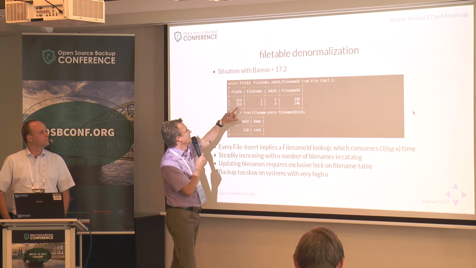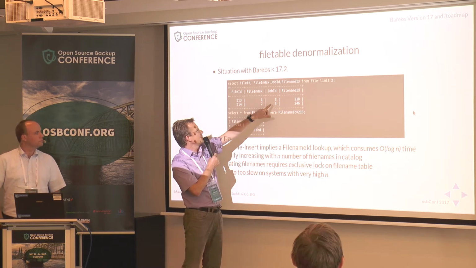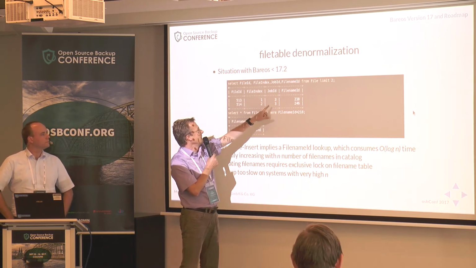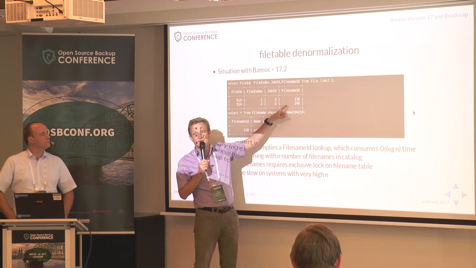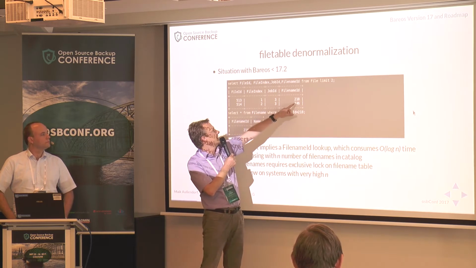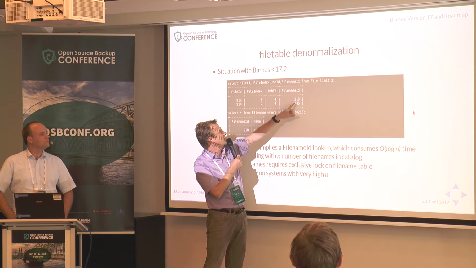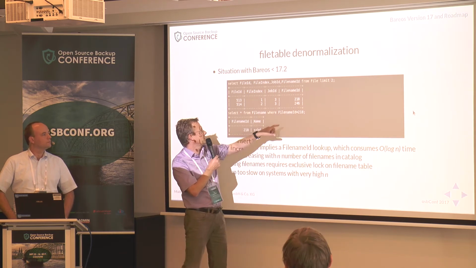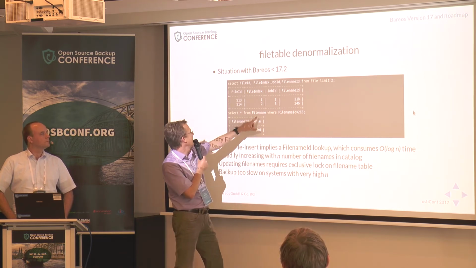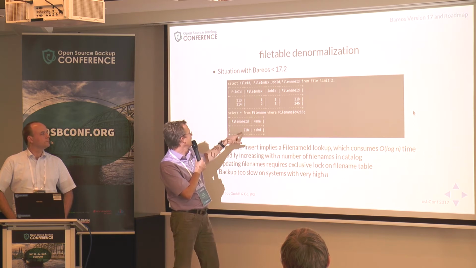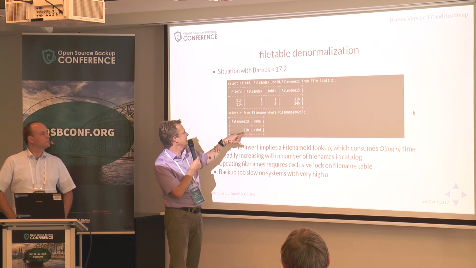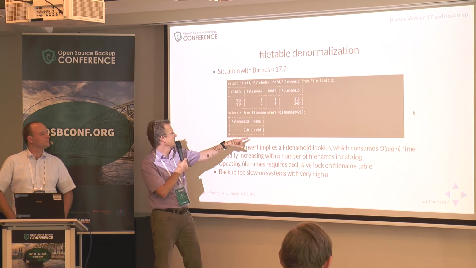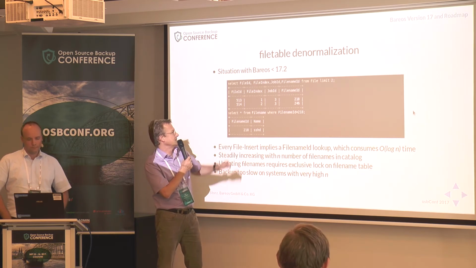You have a file ID and a job ID to which that file ID belongs. And then there's not the file name in this column, but an ID. This ID references another table, which is called filename. There you can look up, okay, file name ID 218 belongs to the name SSHD.